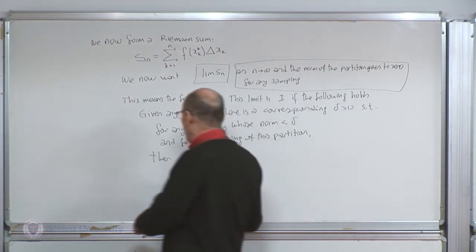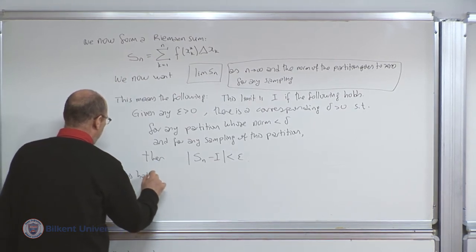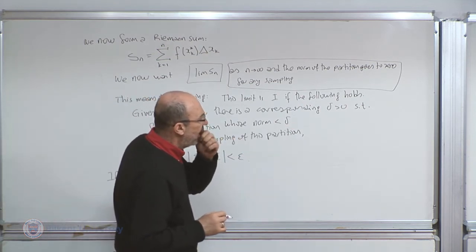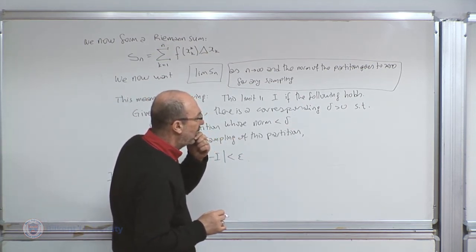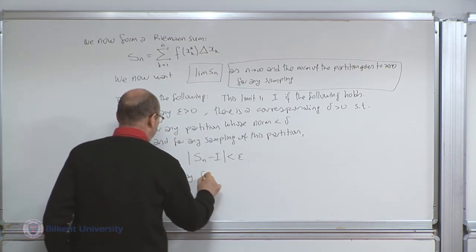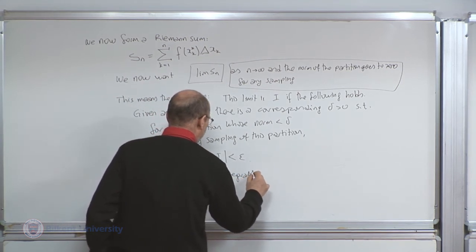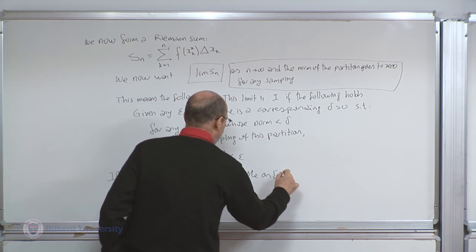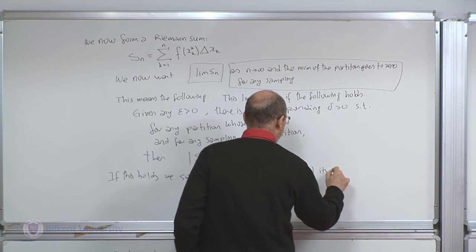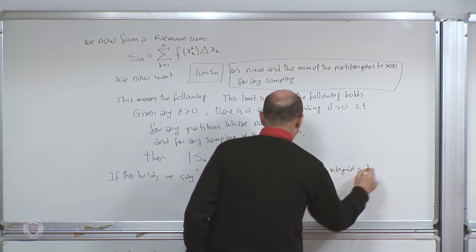Okay, so if this holds, so we started with the interval [a, b], right? We say f is integrable on [a, b], and its integral is I. Okay, notation.